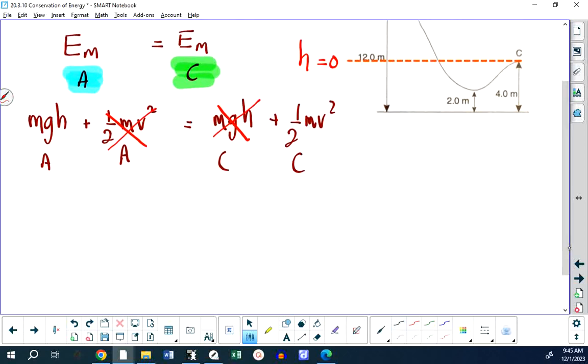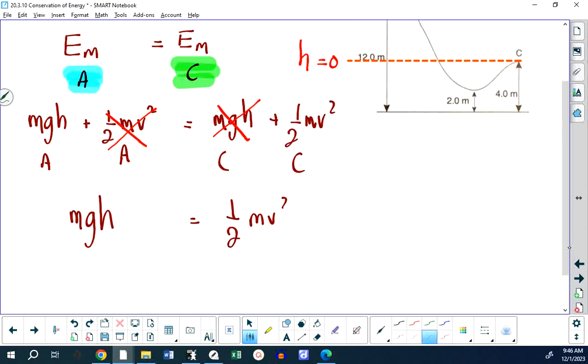I suspect that some of you would have simply just dived into this, right? Because it's starting from rest. If it's not starting from rest and it's moving, then the left side would be mgh plus another half mv squared.